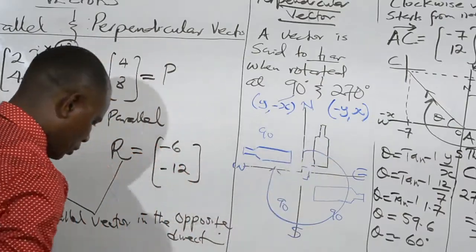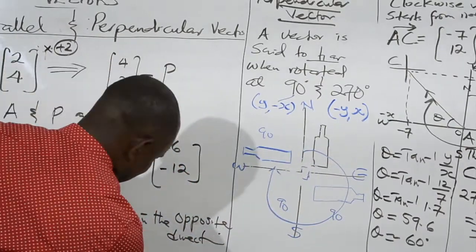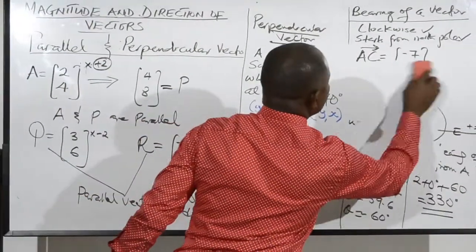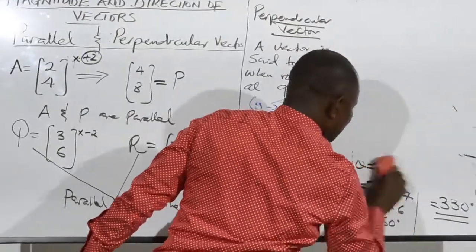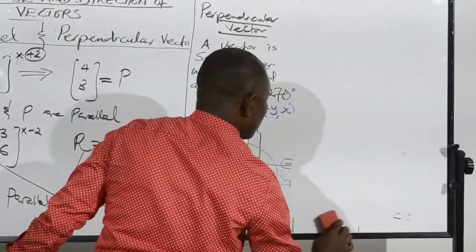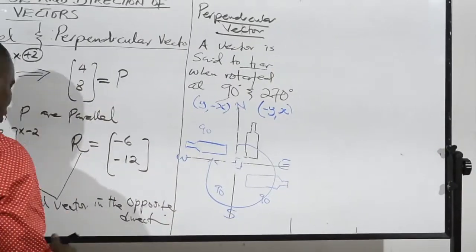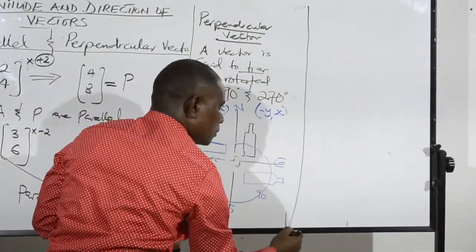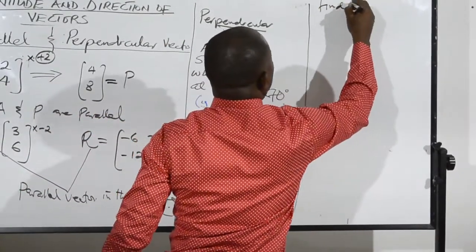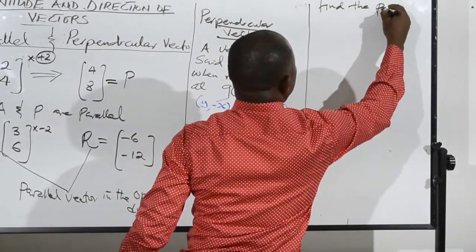Now I want to see how I can get an example of a vector that is perpendicular to the other. So let me just give you an example of the two. The first is I want to find the perpendicular of this vector.